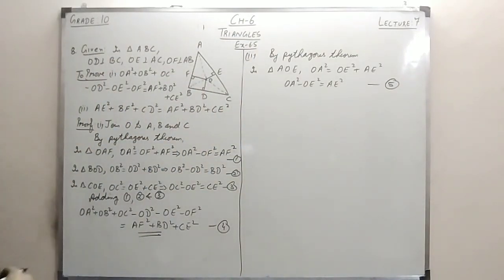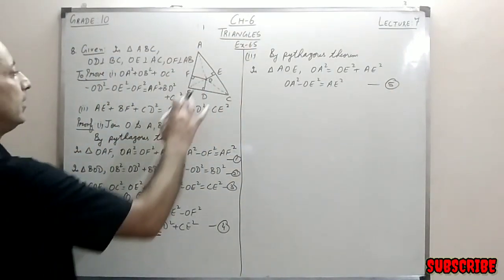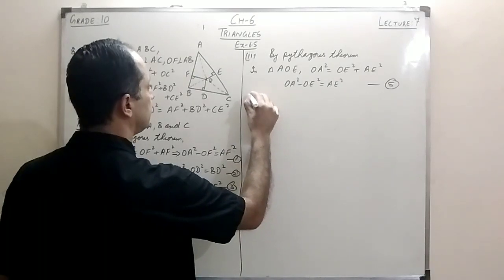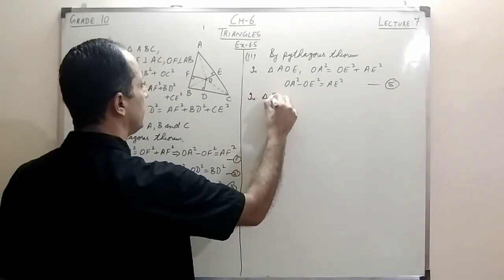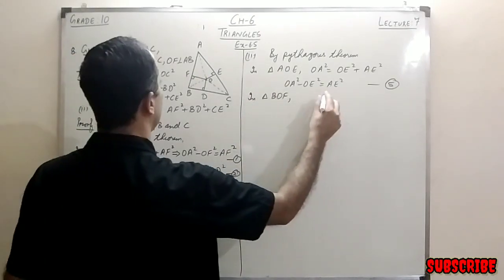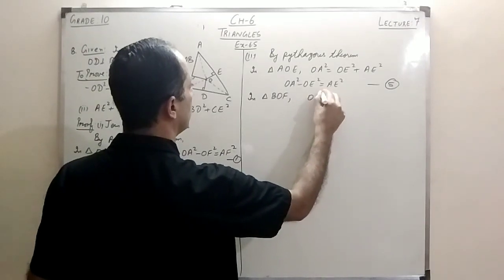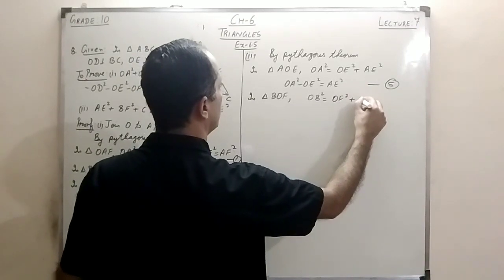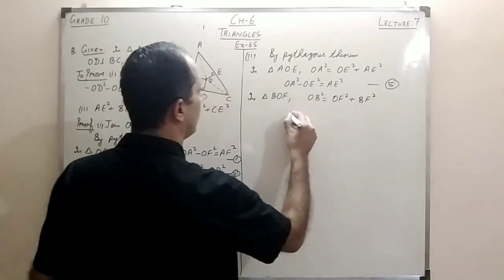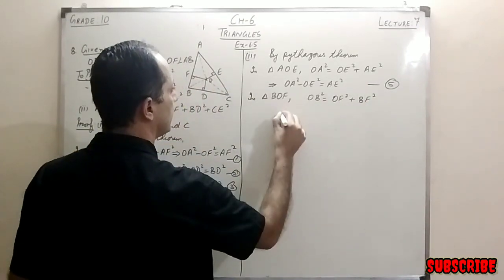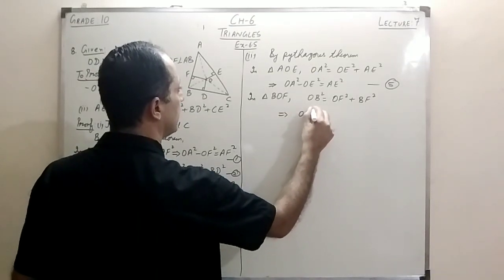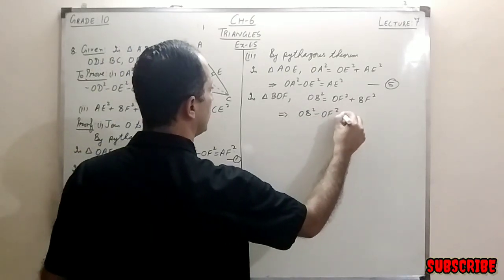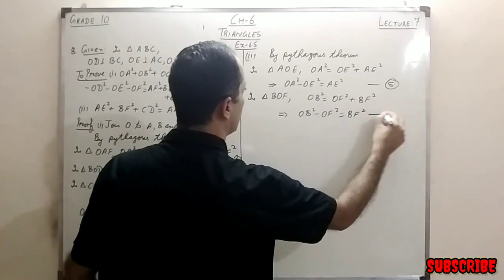Then next I take triangle BOF. In triangle BOF, OB square is equal to OF square plus BF square, and from here I can write that OB square minus OF square is equal to BF square.